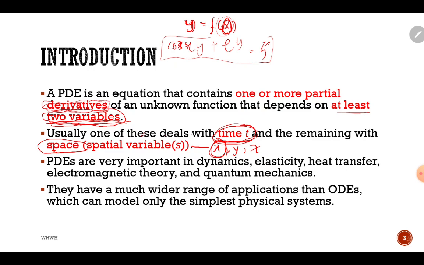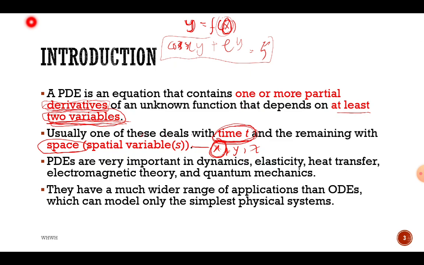The space, the dimension, is either x, y or z. So it means the function in a partial differential equation usually depends on time and space, and normally for space we use x, a very common variable.